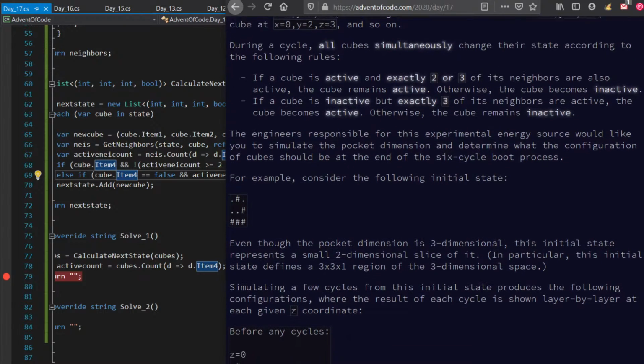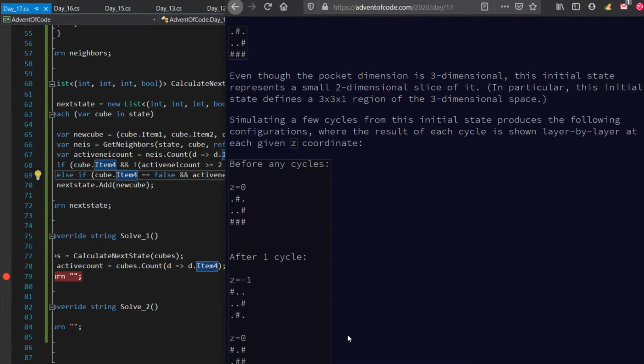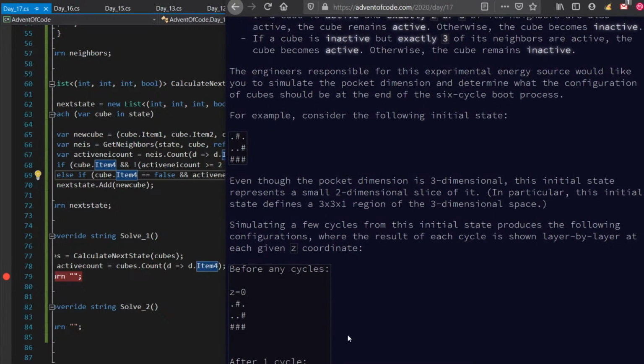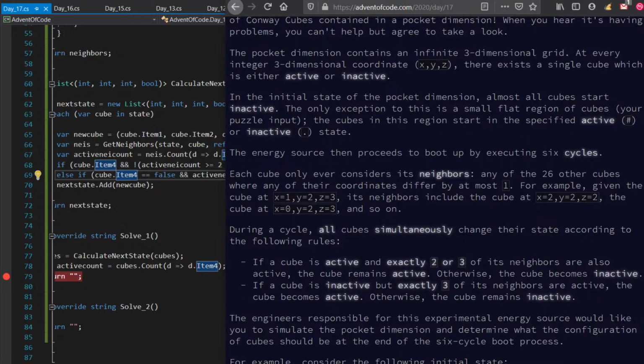Yes. Small flat region of cubes. The cubes in this region start with the specified active or inactive state.